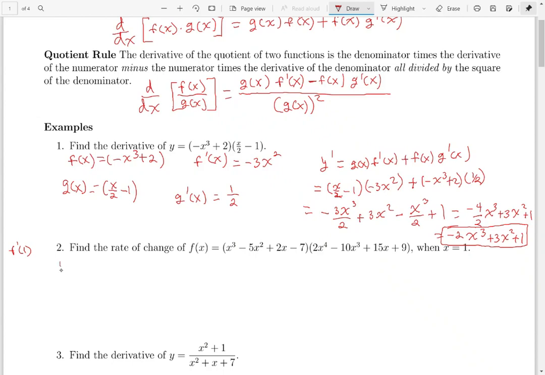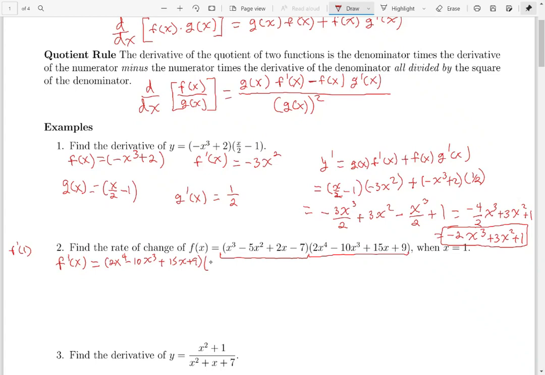And so f prime is then going to be the second function. So that's going to be, notice I'm going to underline my two separate functions. Here they are. And so 2x to the fourth minus 10x cubed plus 15x plus 9 times the derivative of the first function.